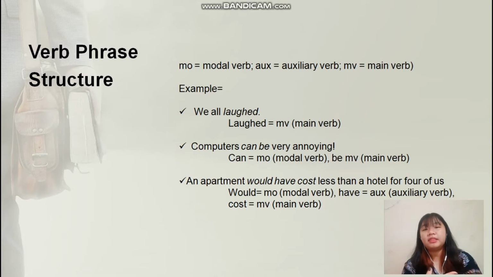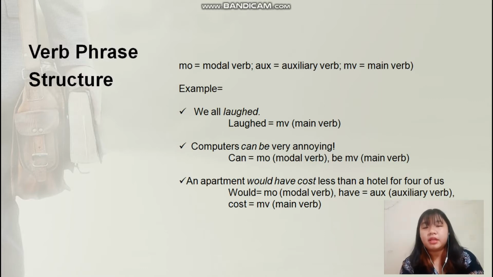So look at the example. We all loved. In this example, loved is main verb, so it's main verb alone. The second example is computers can be very annoying. So can is modal verb and be is main verb.